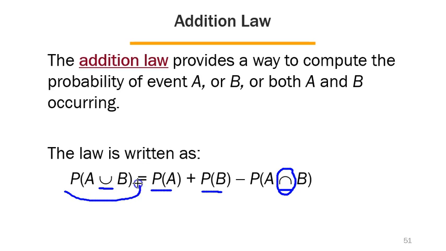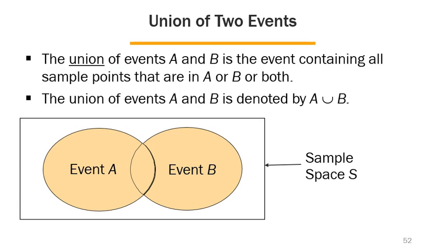This part here is the probability that either happen, and this over here, the probability of A intersect B, is the probability that they both happen. But we can use this formula in certain settings to make calculations. The union of events A and B is the event containing all sample points that are in A or B or both.